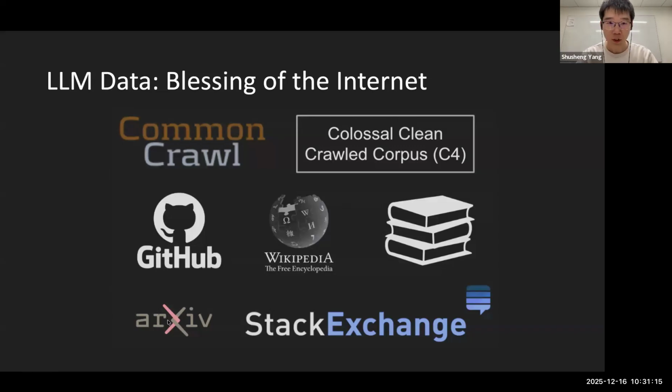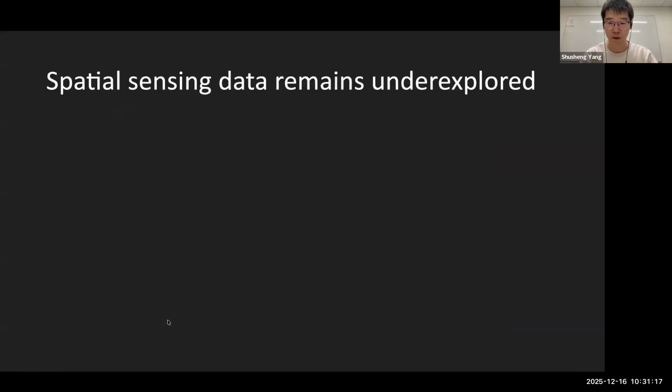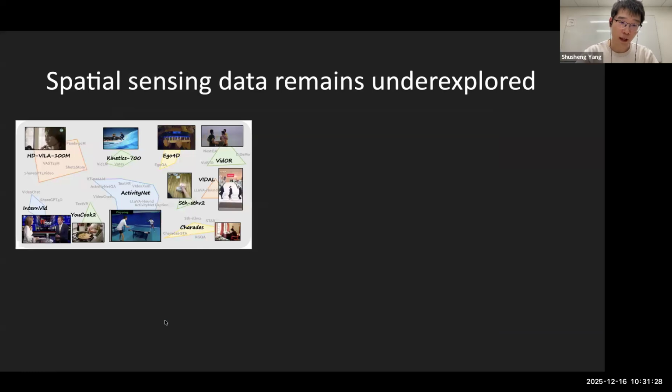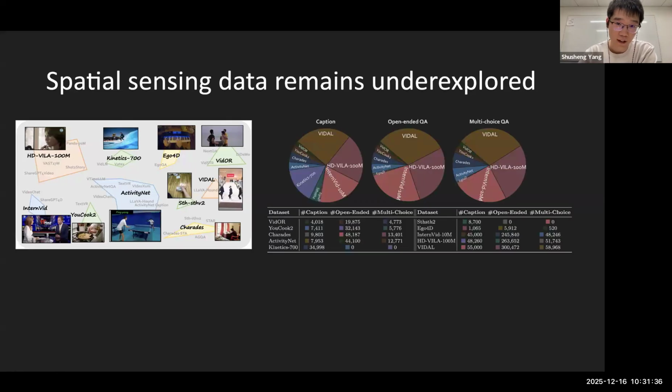So this is the blast of the internet, and the internet provides such a huge database for the language model to train. But if we focus on video models, especially spatial supersensing models, we will find that spatial sensing data remains largely underexplored. For example, this is one of the quite popular datasets developed by Yuanhan.